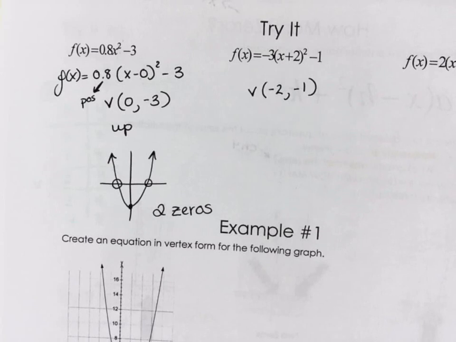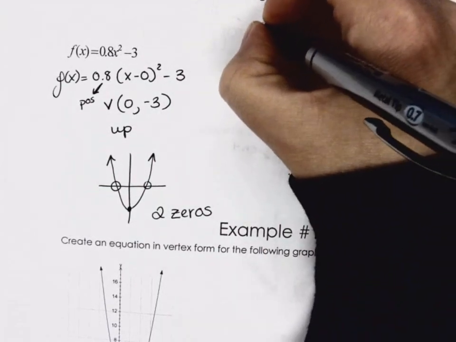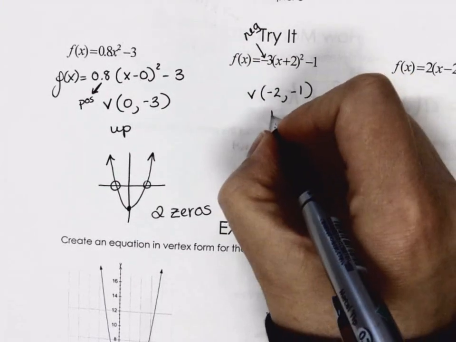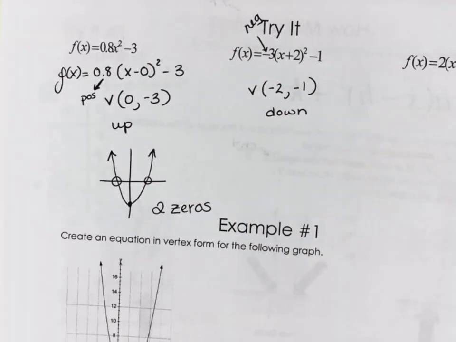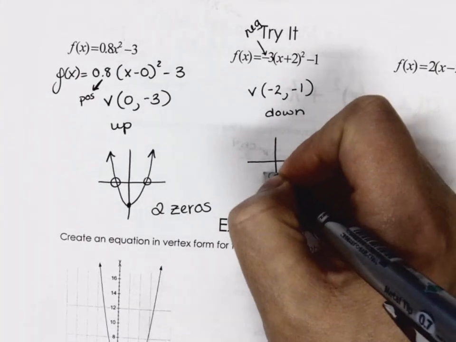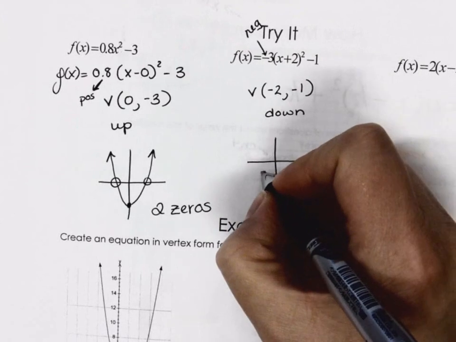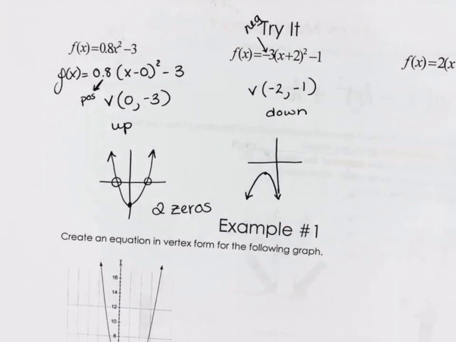Down, because it's a negative. Okay, so you either visualize and see it in your head, or maybe you're going to draw it because you're a kid like me. How many x-intercepts do I have? None.